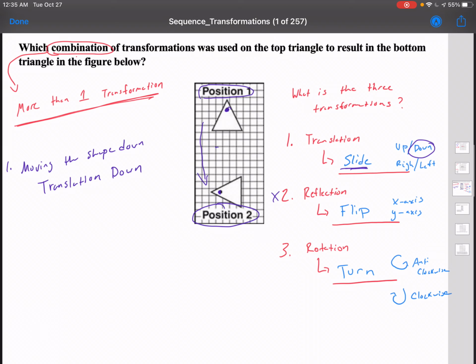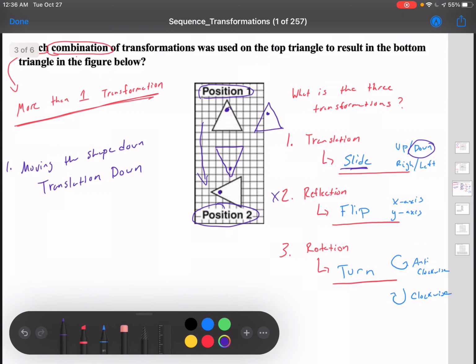If it reflected, the shape would look something like this, or it would be over here. Right? So I'm not seeing any of those things happening. So it's definitely not a reflection.